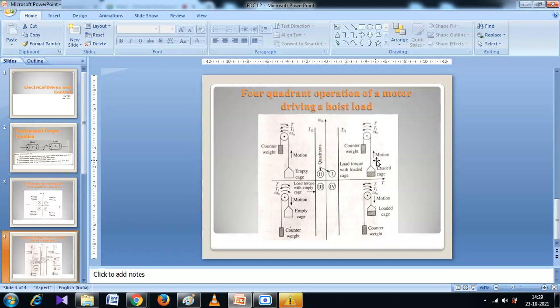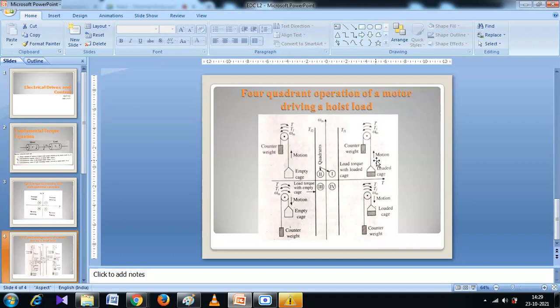Positive, sir. That means this is which quadrant operation? First quadrant. And the name of that operation? Forward motoring. Good.